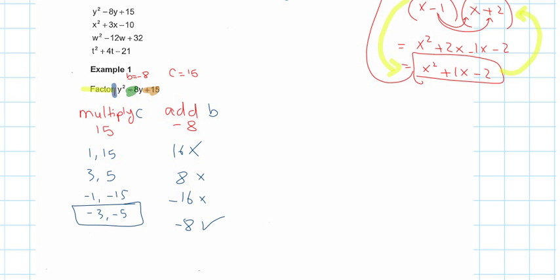Okay? So I'm just going to recap what I did. I look at my equation, or my quadratic, and I look at the A, B, and C. I look for two numbers that multiply to C and add to B. I'm going to give you a sheet that has the rules: if B is positive or B is negative, or C is positive and C is negative, what are your factors going to be?